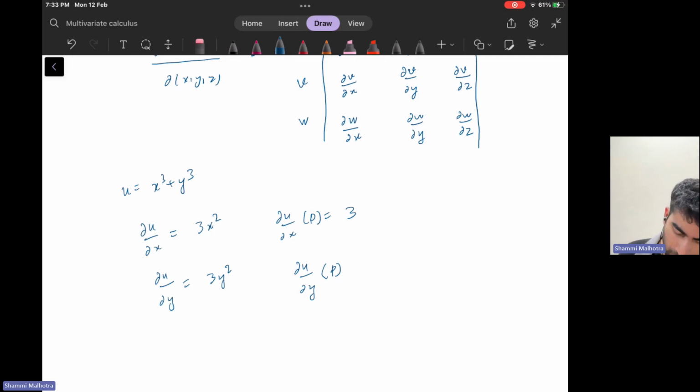I am defining point P as 1, 1, 1 only. So del u by del y is again 3. And del u by del z is 0, so at the point it also takes the value 0.